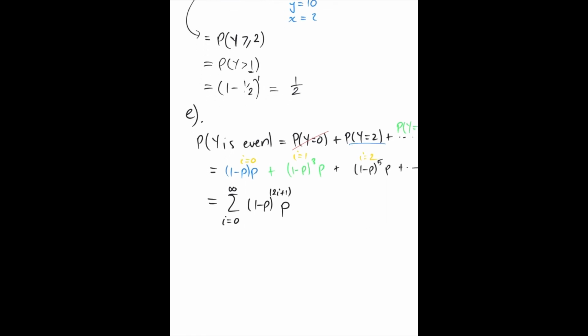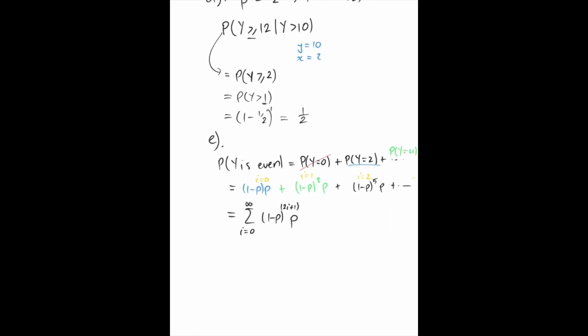Now, we don't want to have this horrible power in our index, so we can remove it by having the sum from i equals 0 up to infinity of (1 minus p) to the 2i, and then p times (1 minus p). Since the p and the 1 minus p have no dependence on i, we can pull them out in front of the sum. And so we get p(1 minus p) times the sum from i equals 0 to infinity of (1 minus p) to the 2i.